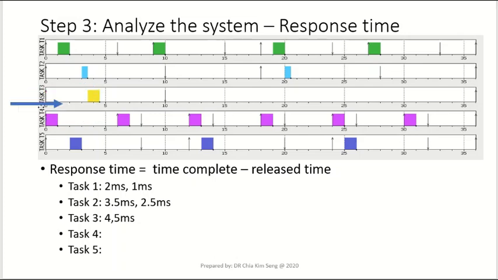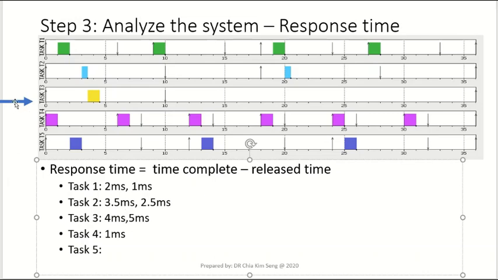Then task 4 looks like it is the first priority. As you can see, after release the task is executed directly, so it's 1 millisecond.